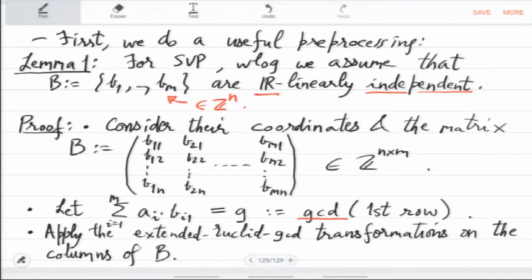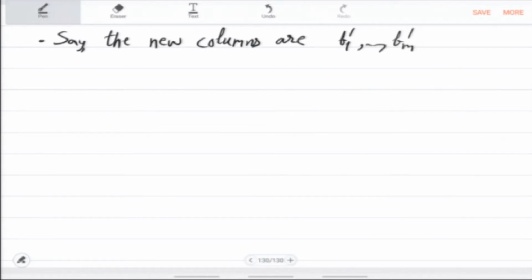So what do you get? You get a transformed matrix, say the new columns are b1 prime to bm prime.